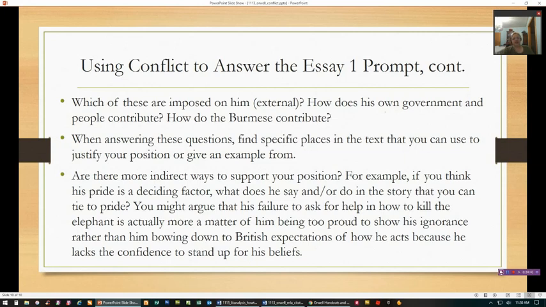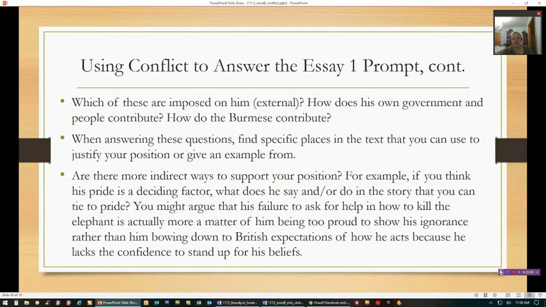If he says things like, yes, I have to maintain my pride, that's an obvious example. But indirect ways would be, what are things that he does and says that you can see are motivated by his pride, but he doesn't actually specifically tie them to his pride, right?